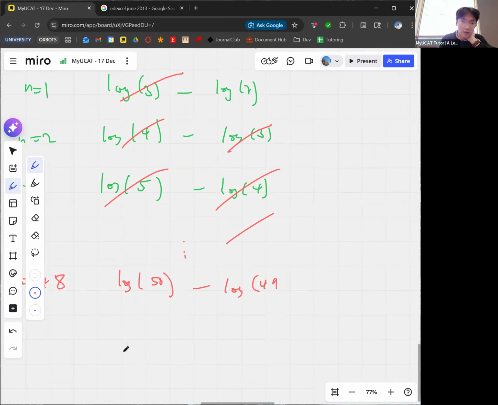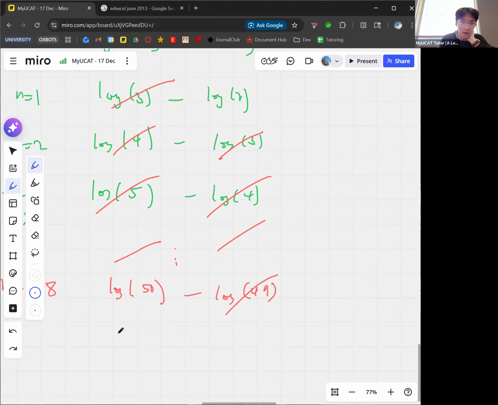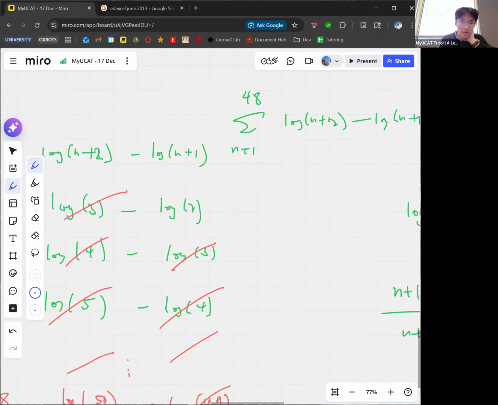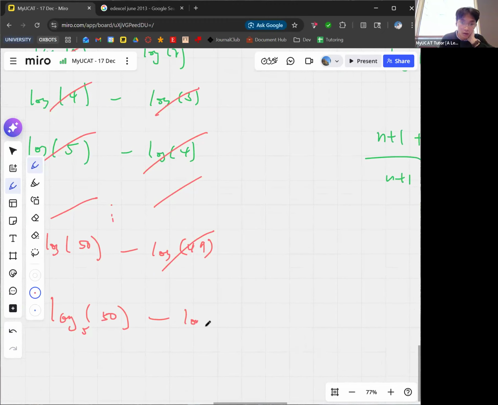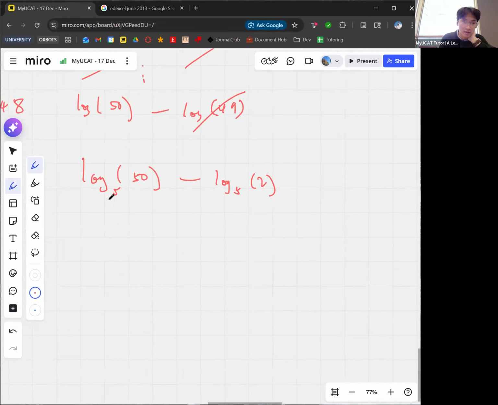If you follow that through, you cancel out the log 49 from the previous one. And so you end up getting log base 5 of 50 minus log base 5 of 2. And then this is log base 5 of 5 squared times 2, sorry, 5 squared times 2.